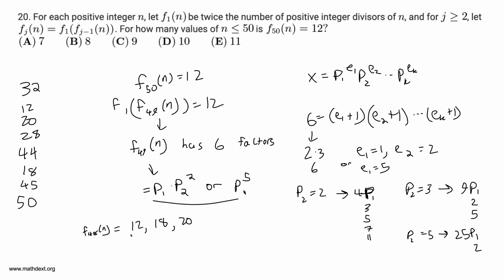The solutions to F48 of n equals 12 are F47 of n equal to all of these. Now, if F47 of n has 9 factors, and therefore 2 times 9 is 18.